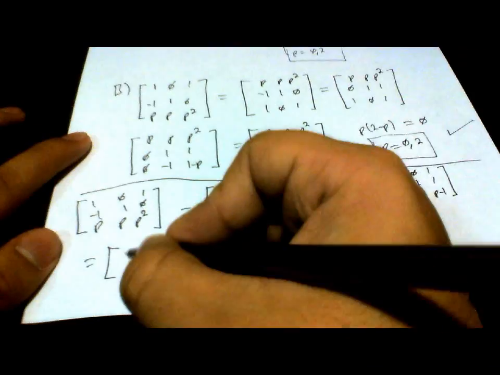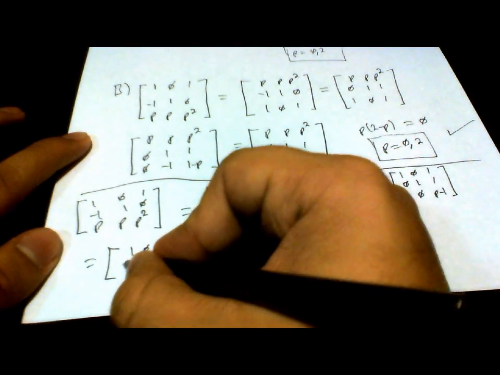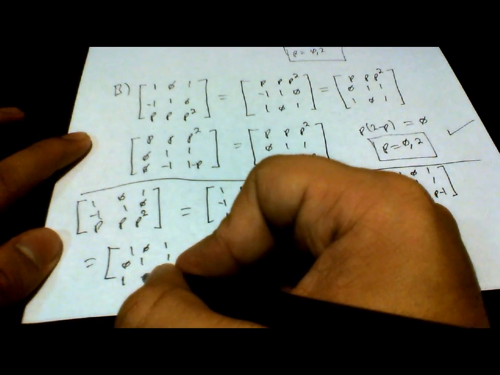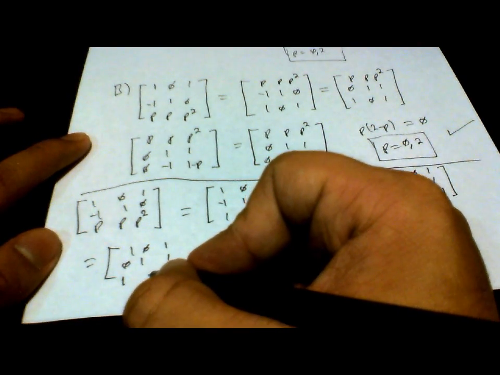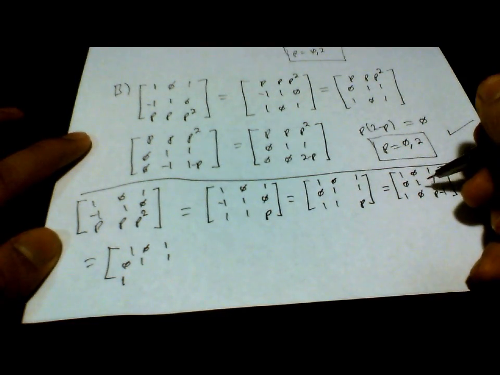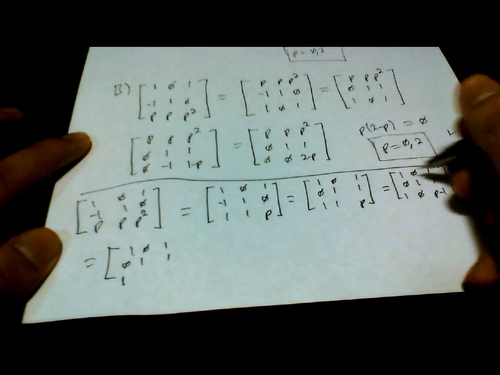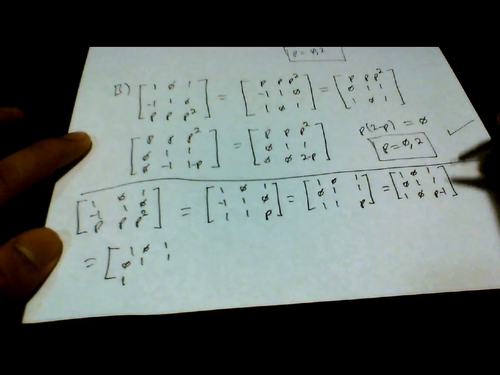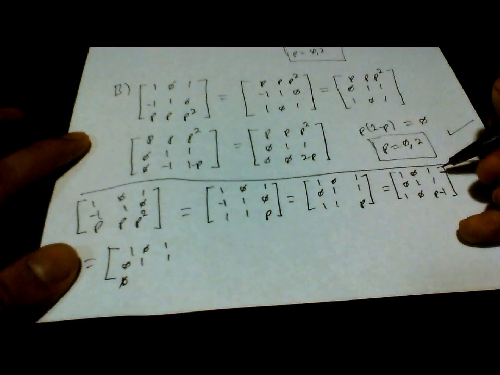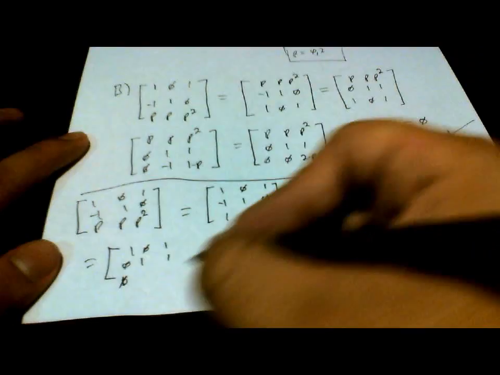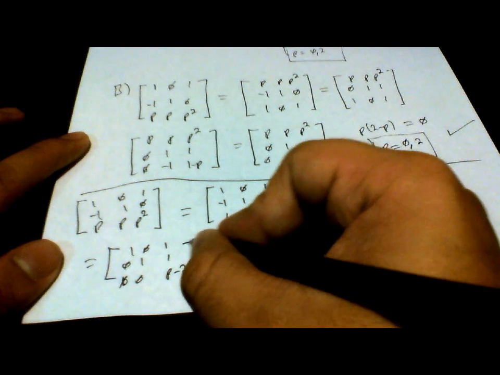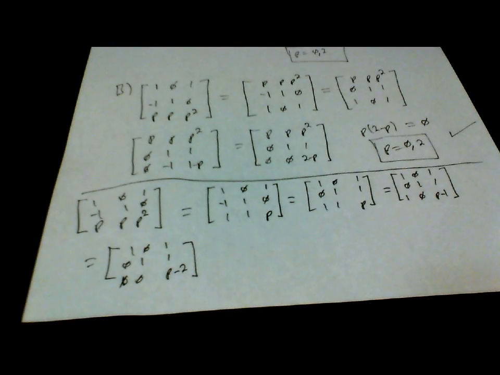No, sorry, I'm going to take the top row and subtract it from the middle row. So this is 0. The top row, subtract it from the bottom row. 0, p minus 2. There.